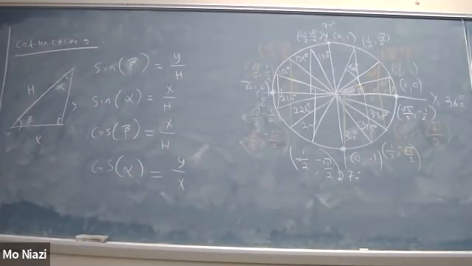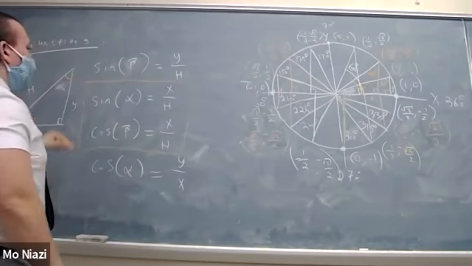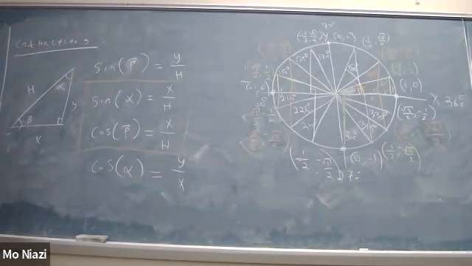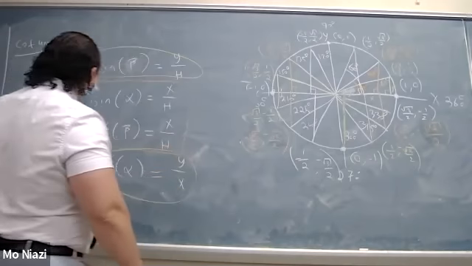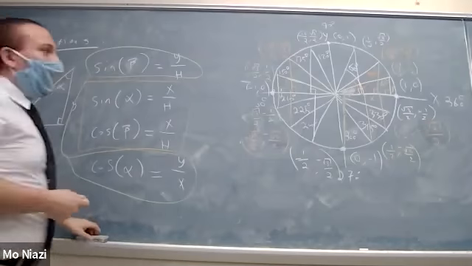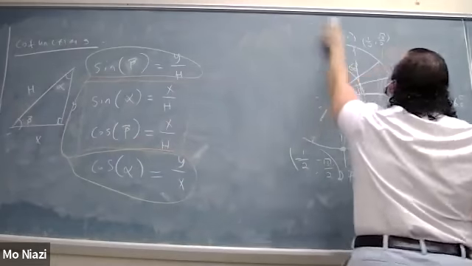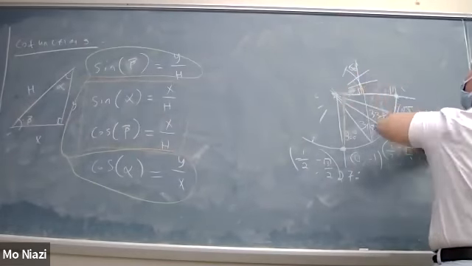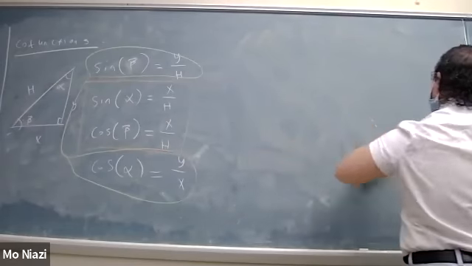What do you guys notice? It's only when that happens and this happens. Right? What's going on there? Isn't there a 45, 90 triangle?